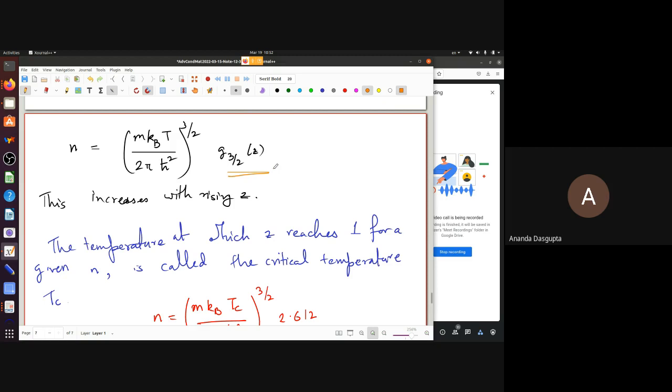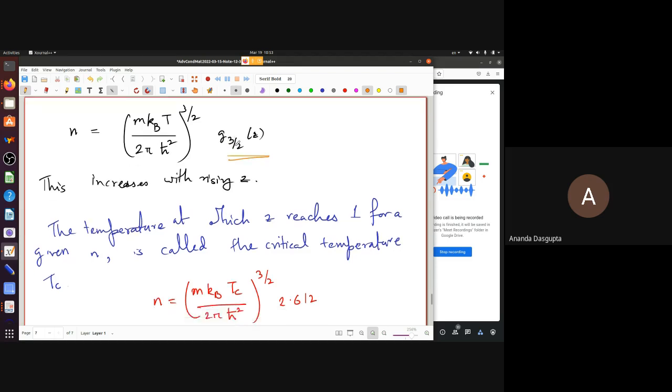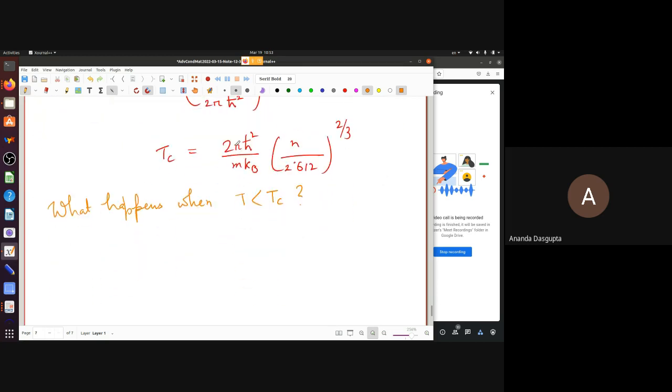And that means apparently you have more particles in your system, that is, your n is larger than it's allowed to be. The maximum possible value of n at a given temperature is given by this times the maximum value of g3 by 2 of z, that is 2.612. If n is more than that, then apparently your count is missing a few particles. Not a few particles, a large number of particles. The mystery is what happens to the extra bosons.